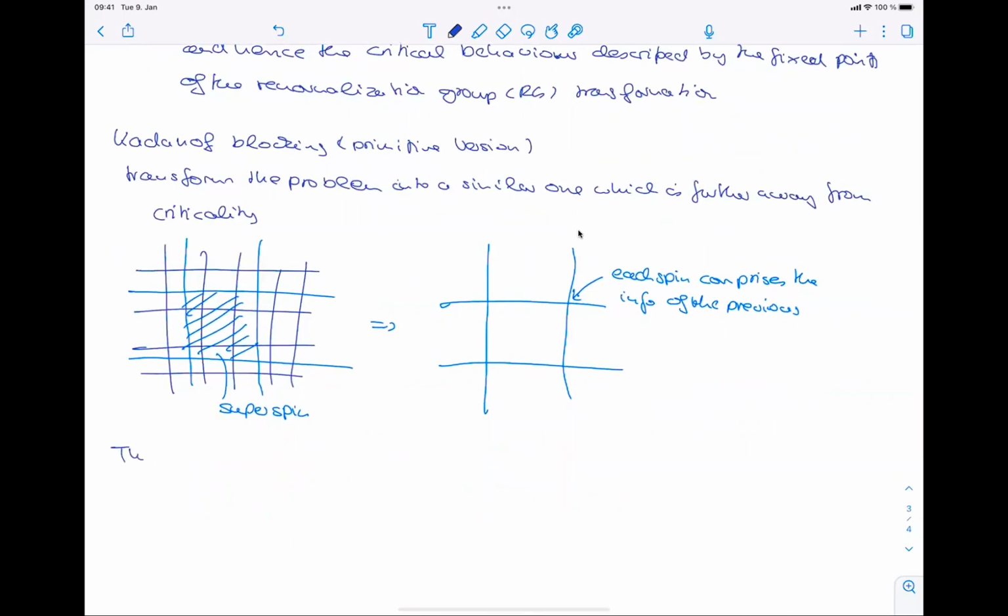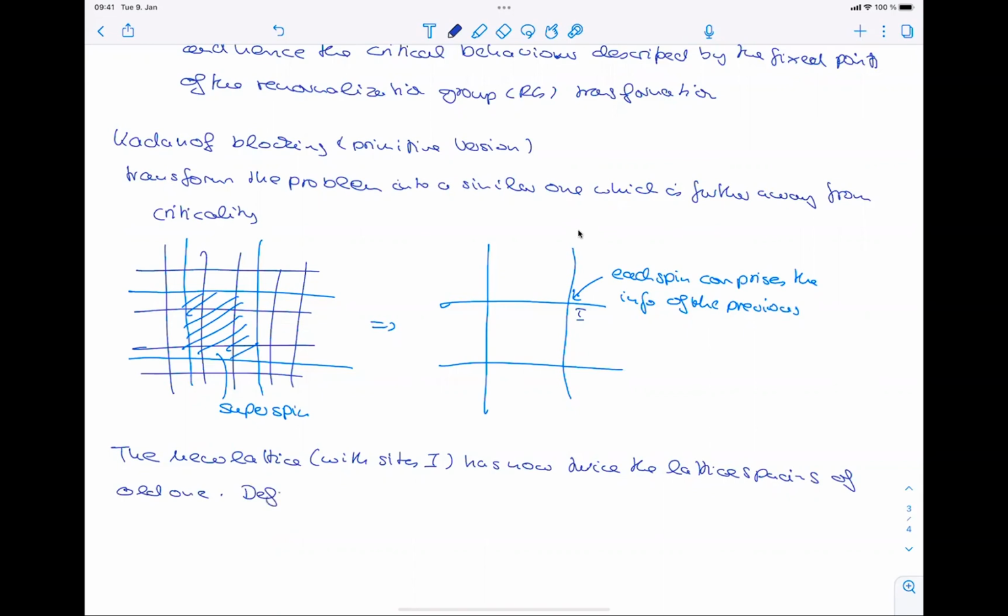So what we see here is that the new lattice has now twice the lattice spacing of the old one.